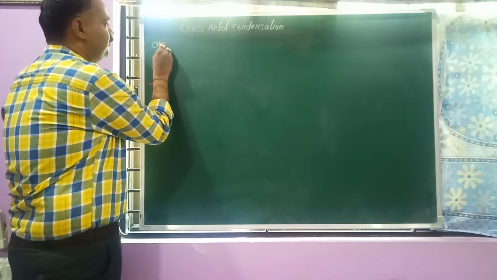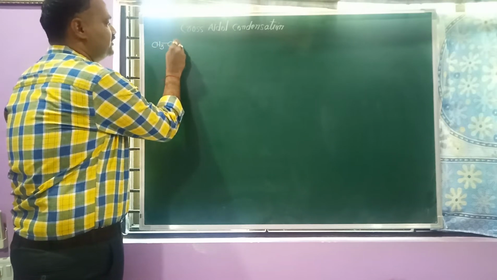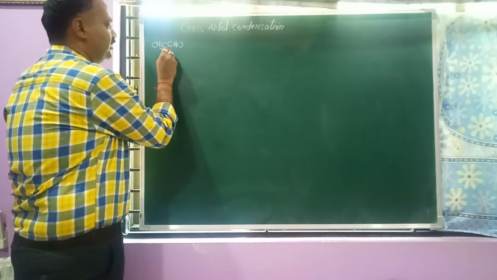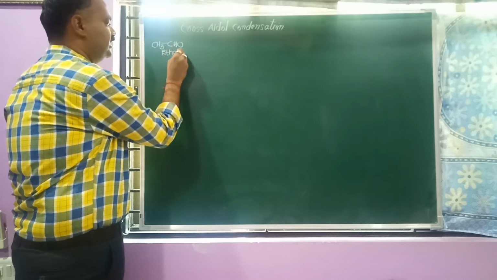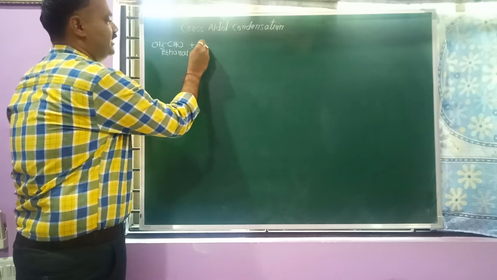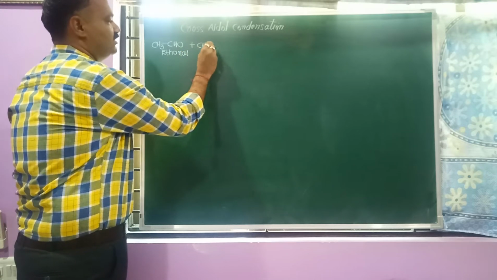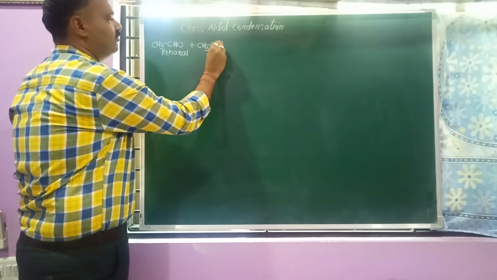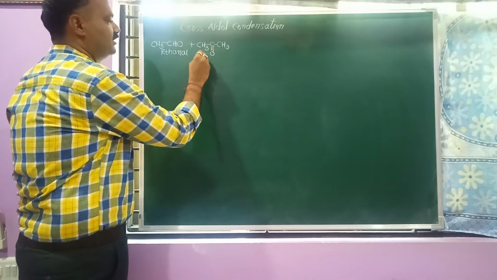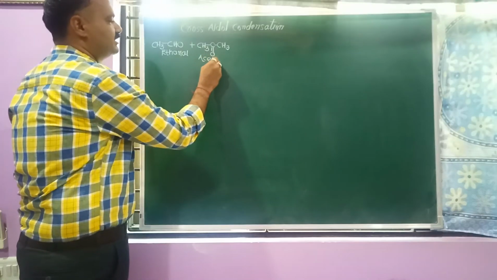We consider the example of CH3CHO. The name of this compound is ethanal, and CH3C double bond OCH3. The name of this compound is acetone.